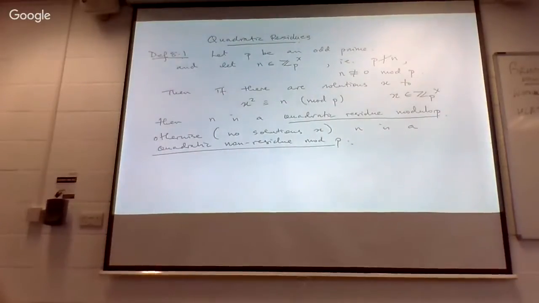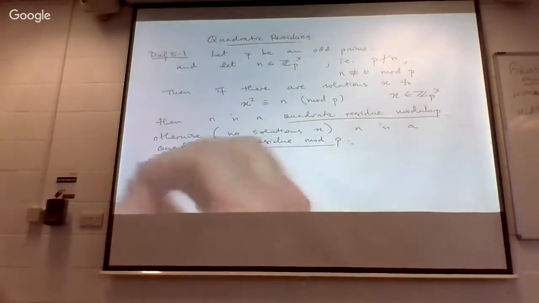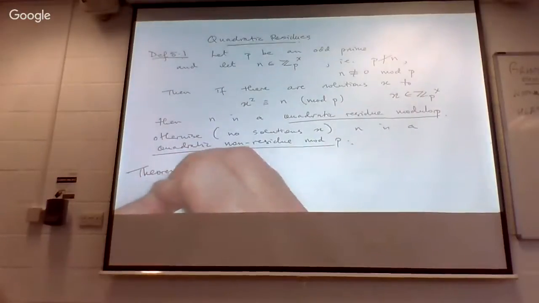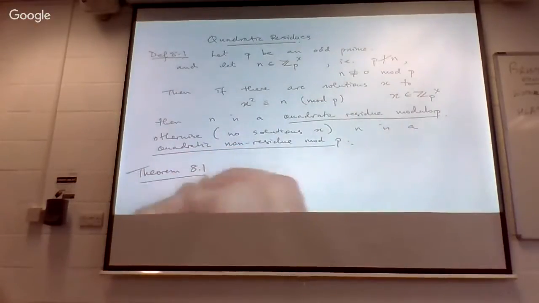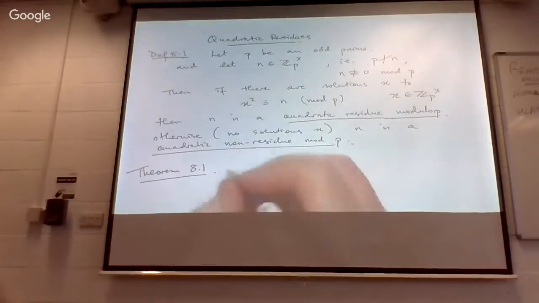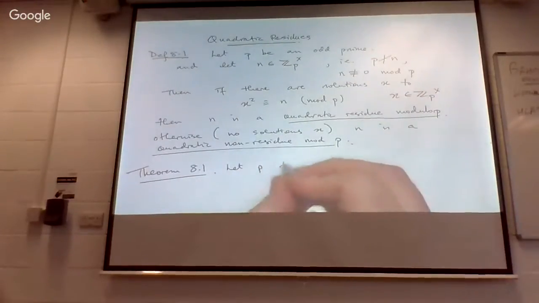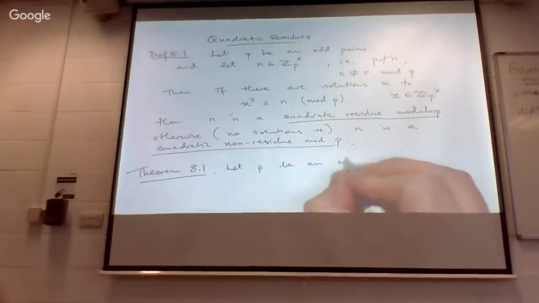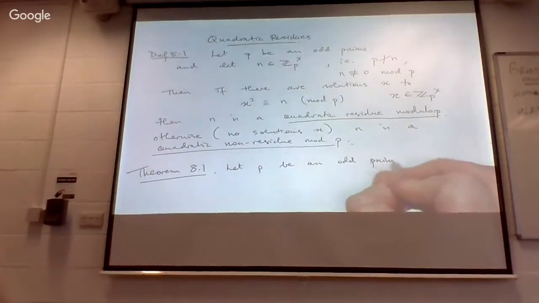So our first theorem, theorem 8.1, proves that observation that half of them are residues and half of them aren't. So this is about counting residues. We let p be an odd prime, just have that as a general assumption in the whole chapter.